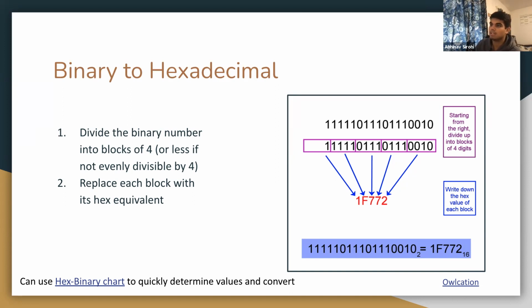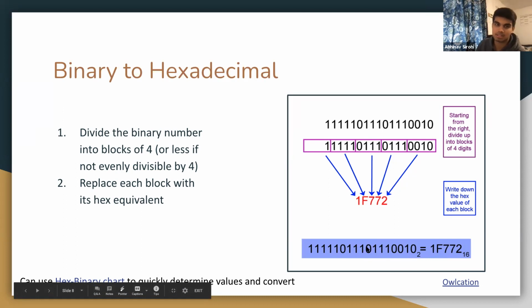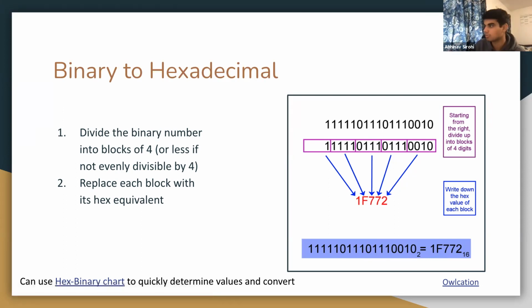You just replace these, and that creates your hexadecimal number. You can represent long binary strings with a lot less using hexadecimal, because 4 bits correspond to one character, and it compresses the number a lot.